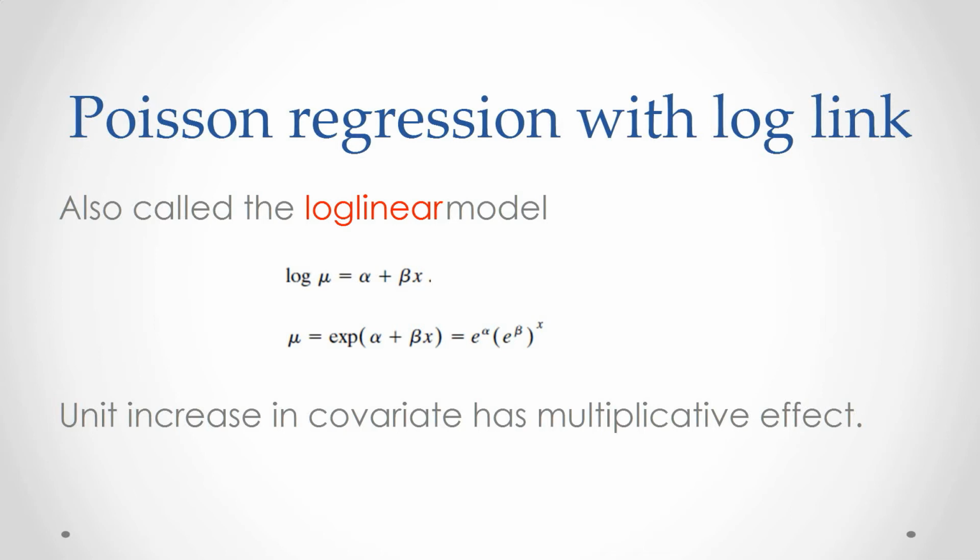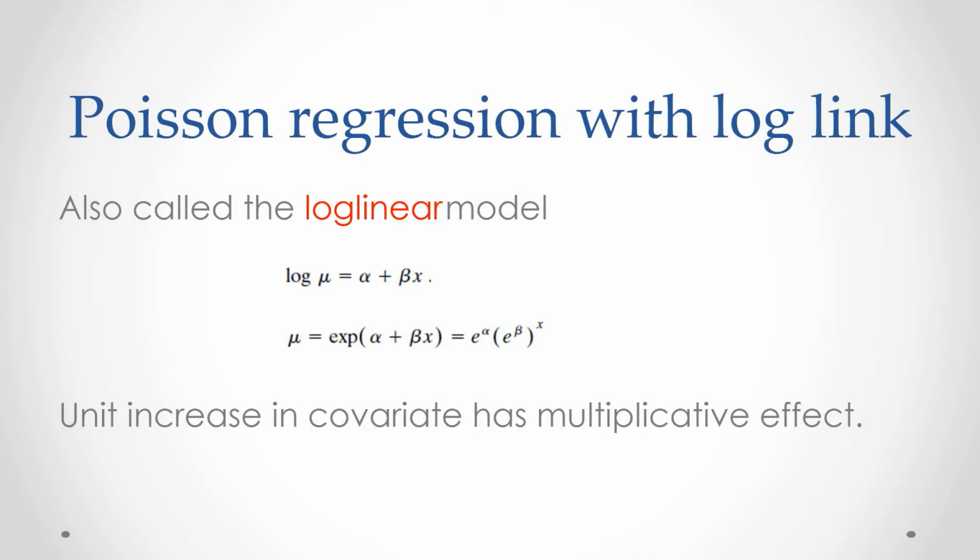Why is this important? For two reasons. First, observe that the log linear model is the canonical model for the Poisson family. And secondly, observe from the equation given on this slide that a unit increase in the covariate has a multiplicative effect.